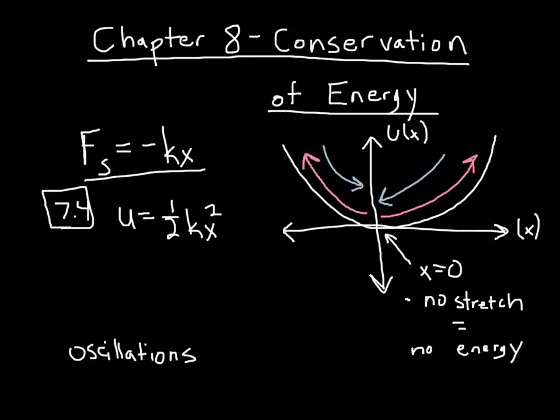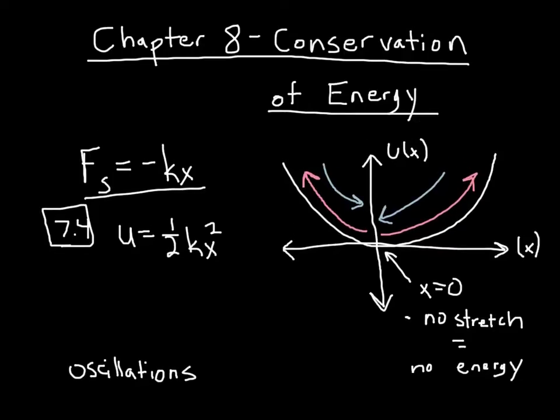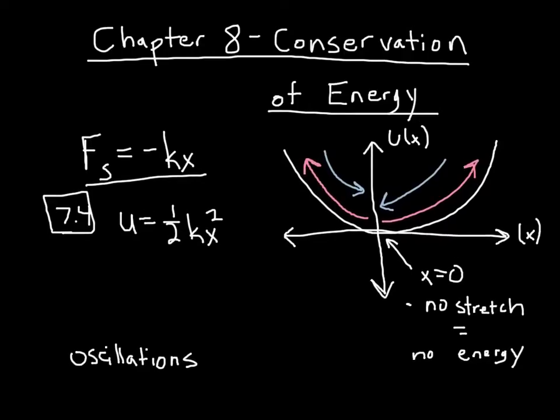And if we return to what we know from conservation of energy from last chapter, we know that the total energy of a system, E, is equal to K plus U. In the last chapter, we dealt with U being gravitational potential.